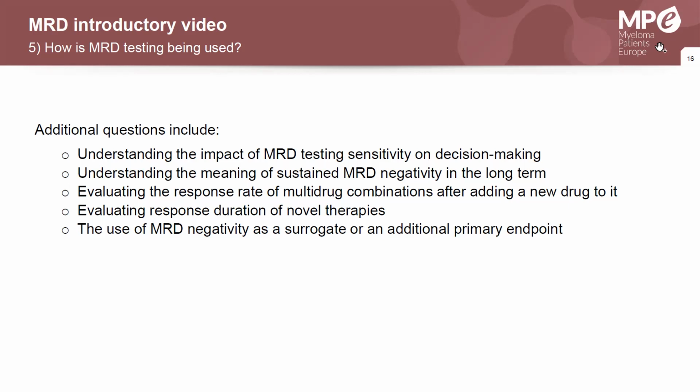Finally, given the associations of MRD status and survival outcomes, numerous ongoing clinical trials are currently considering MRD negativity as a surrogate or an additional primary endpoint. I'll come back to that later. This might mean that researchers and other stakeholders understand the efficacy of a drug more quickly, and it could be used to get treatment approved and accessible to patients faster.